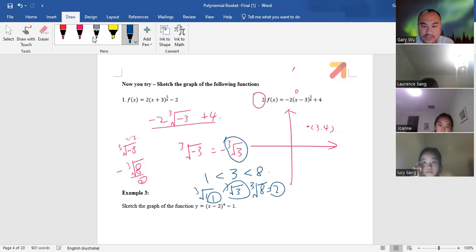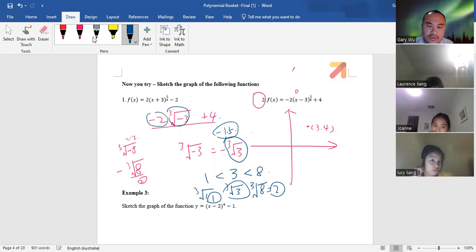So it's -1 point something. I don't care too much. Maybe 1.5. It can't be 1.5, but let's just use 1.5. So this is -1.5, and then times -2, it would be +3. Therefore it will be roughly 7. So the y-intercept would be here, (0, 7).